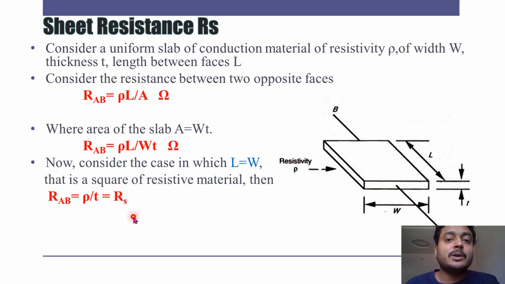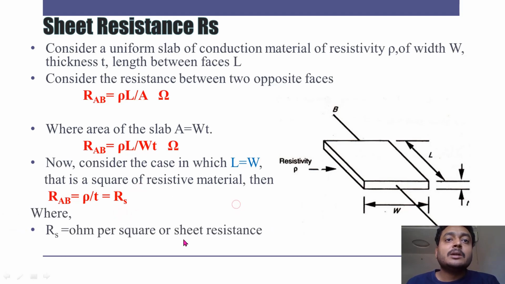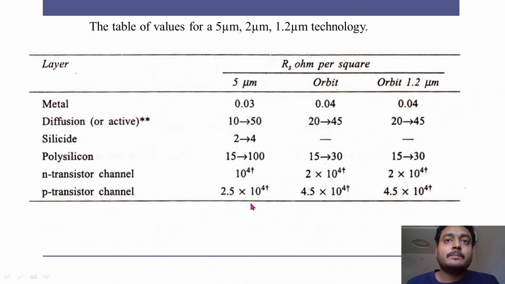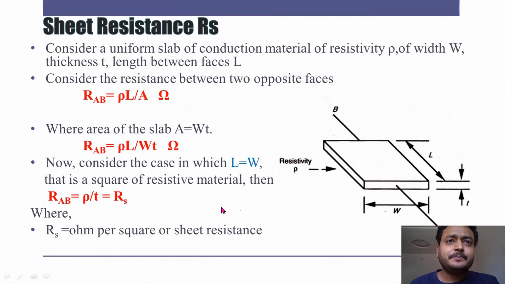So sheet resistance is equal to rho by T, and it is expressed in ohms per square. This is the unit you are going to use for sheet resistance.